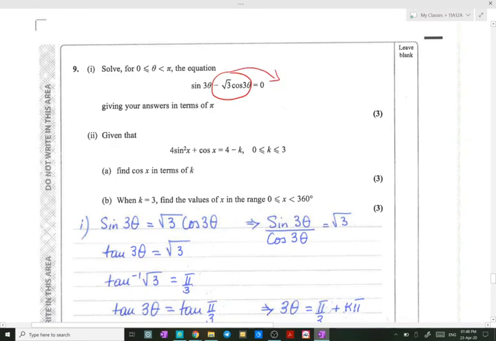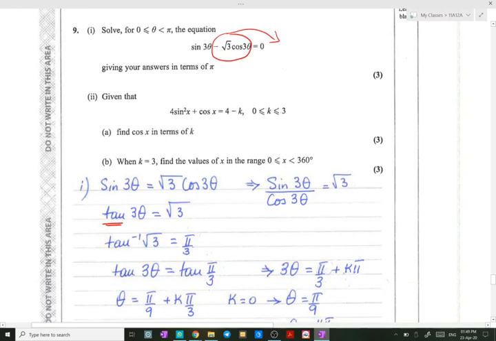Sine 3 theta equals square root 3 cosine 3 theta. Then we divide by cosine 3 theta on both sides. We will have tangent 3 theta equals square root 3. Therefore, the trigonometric function that we're working with is the tangent.